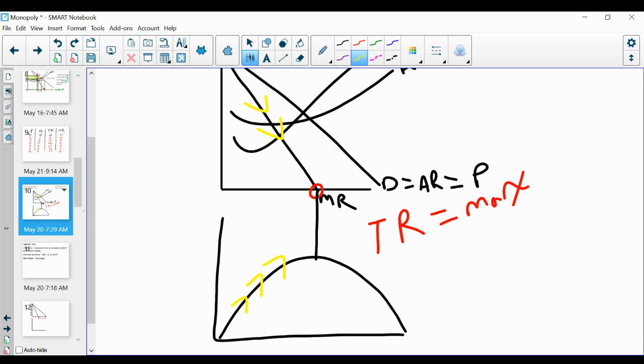Once marginal revenue equals 0, now we start to see our total revenue decline. What this really says is if you drop price in a monopoly, you can sell more items, which makes complete and perfect sense if you think about our supply and demand lesson.